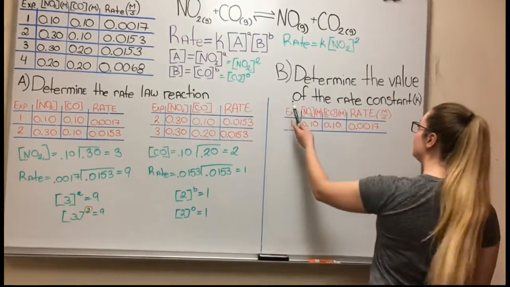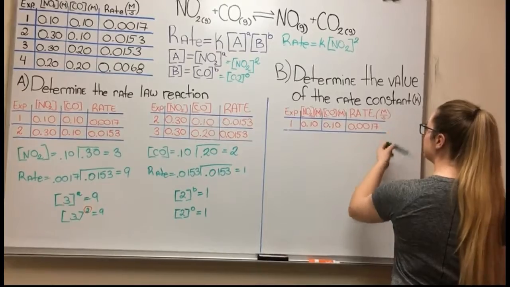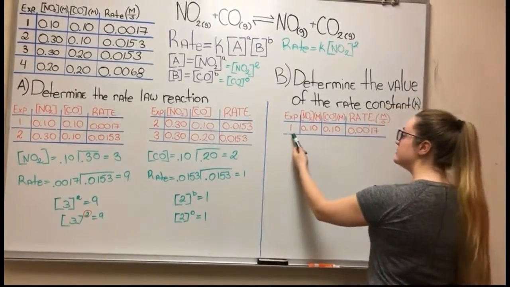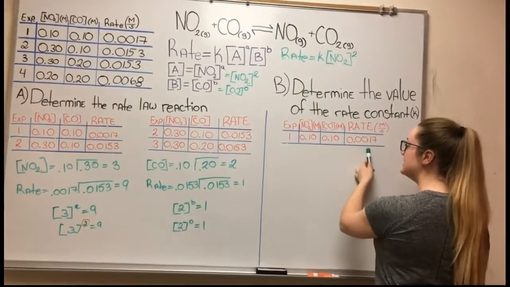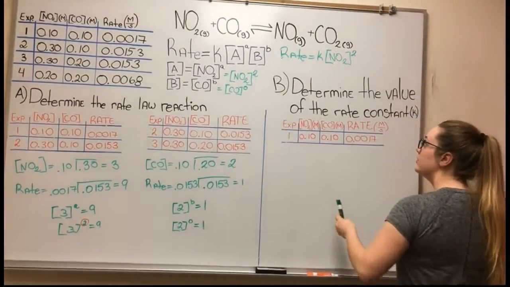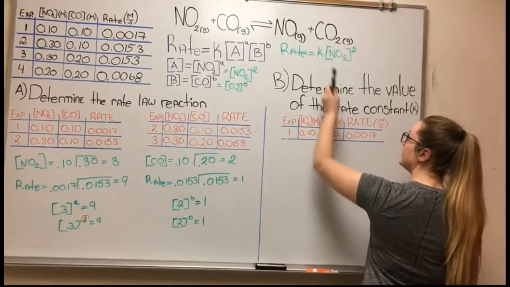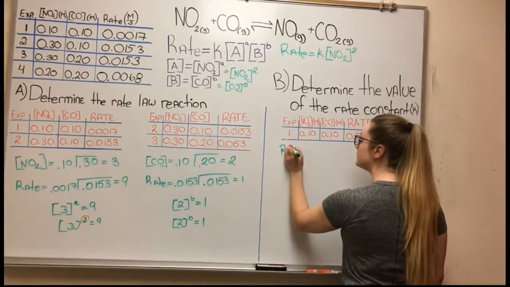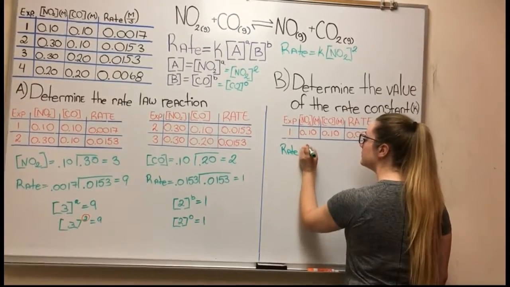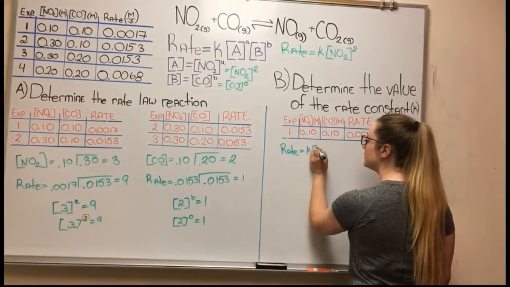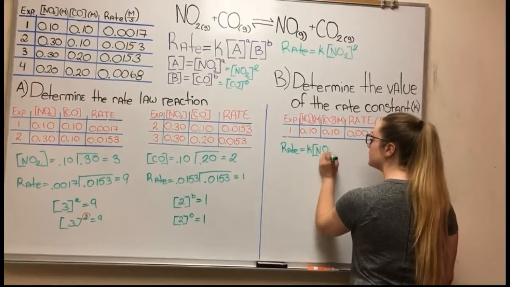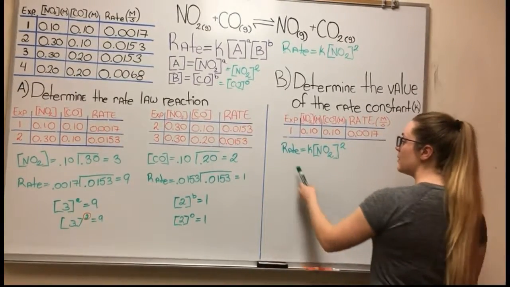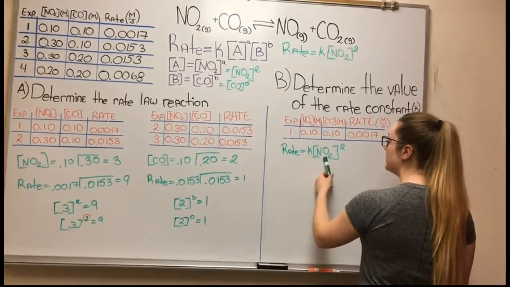To find part B, to determine the value of your rate constant k, you could use any of your experimental data. I just used experiment 1 because it has the easiest numbers to work with. You're going to want to solve for k in your rate law equation. You could do this by dividing your rate by your NO2 concentration.